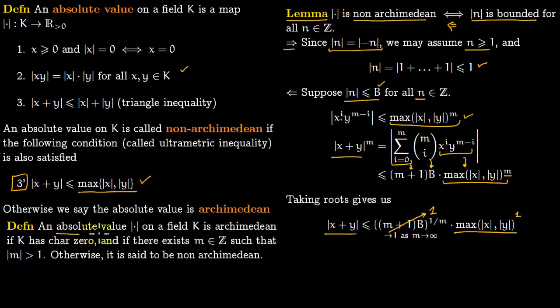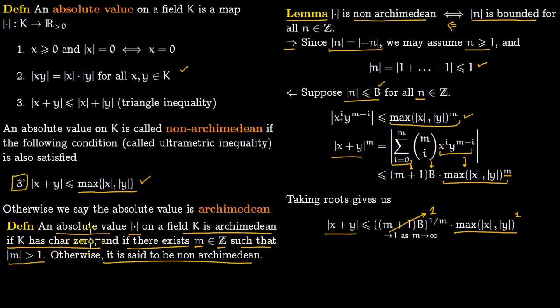So this leads us to a new definition. An absolute value on a field K is Archimedean if K has characteristic 0 and if there exists an integer m such that the absolute value of m is greater than 1. So there has to be some integer for which our absolute value is greater than 1. If it is not greater than 1, it will be non-Archimedean.